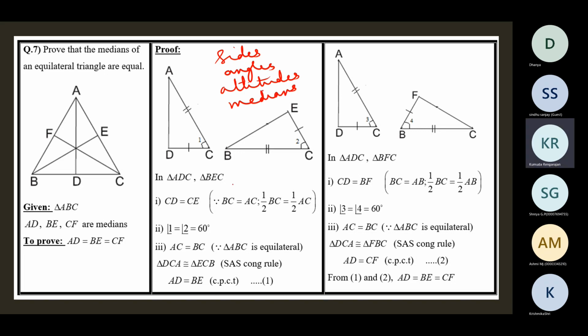Equal meaning their length will be the same. In fact, in an equilateral triangle, the altitude and the median coincide. Altitude only is the median also.